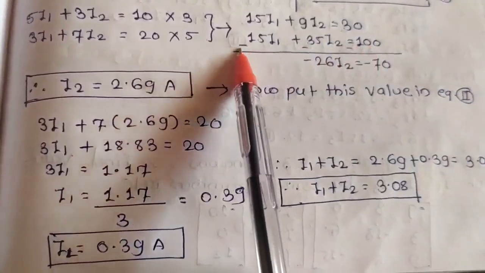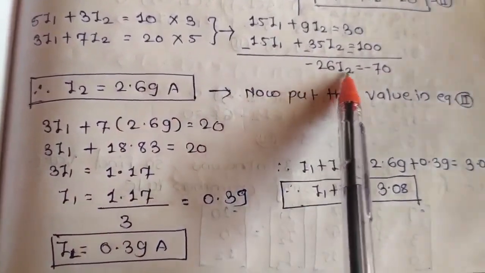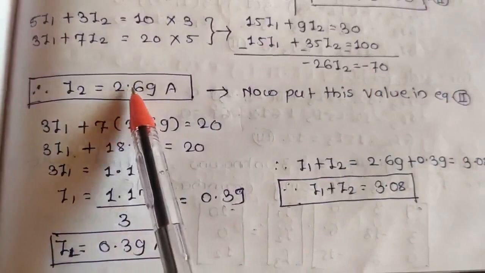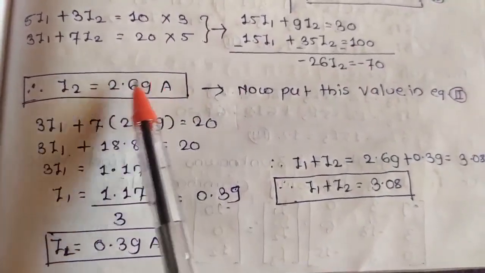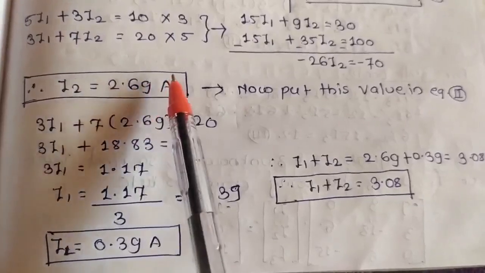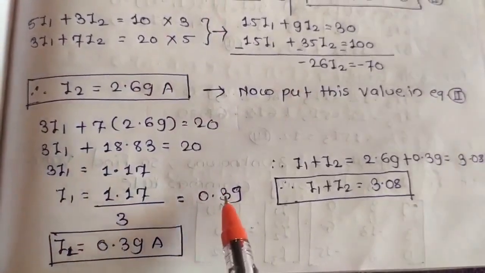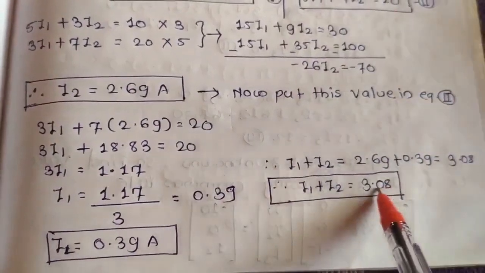If we take the difference, then we get minus 26I2 is equal to minus 70. Hence I2 is equal to 2.69 ampere. Now this I2 value put in the second equation, then we get I1 is equal to 0.39 and I1 plus I2 is equal to 3.08.